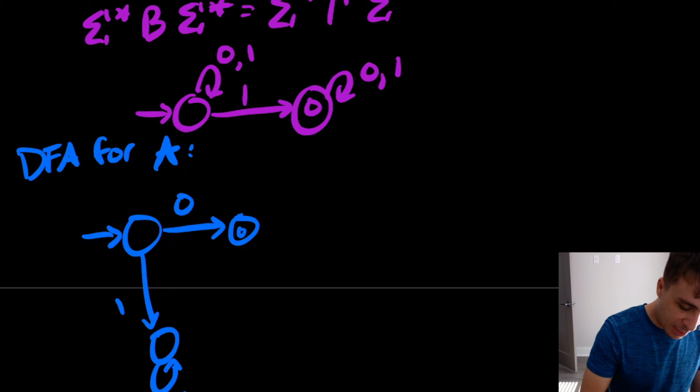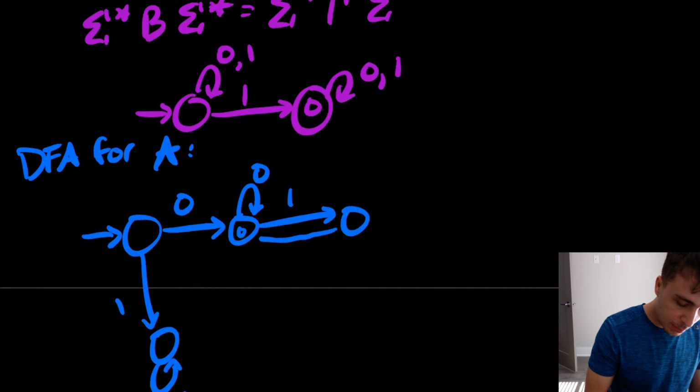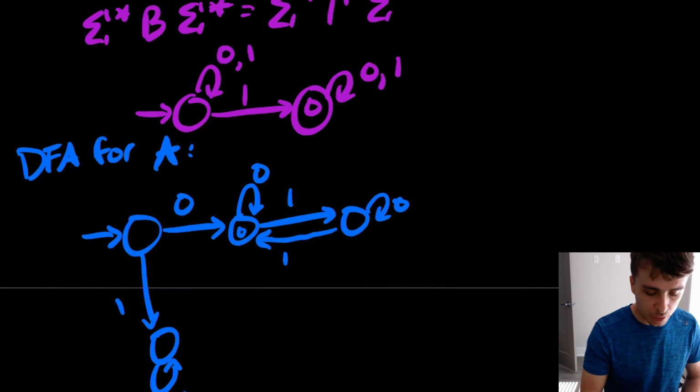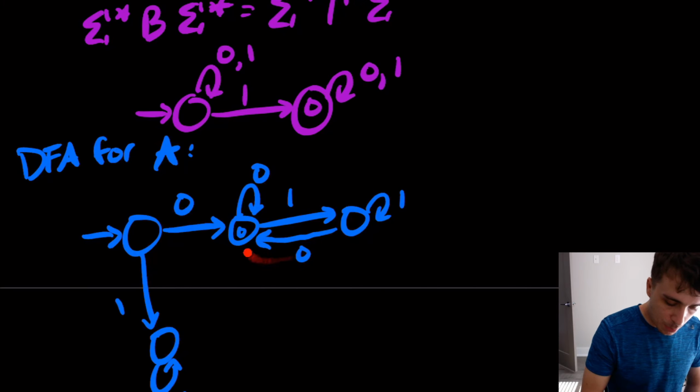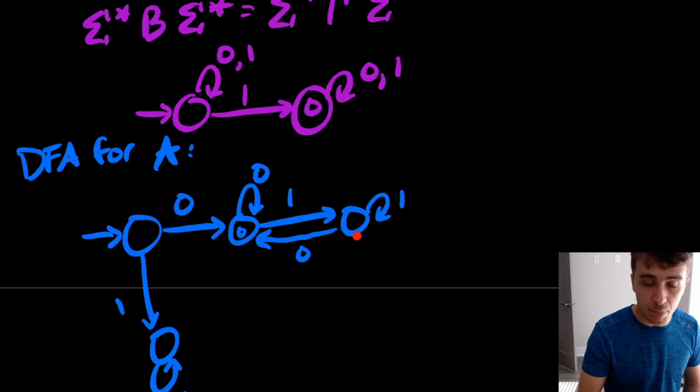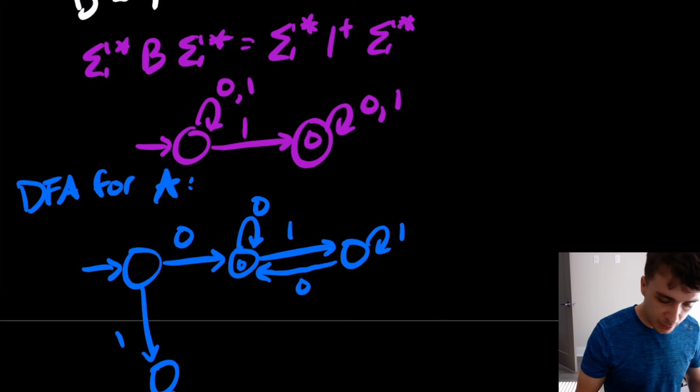If I have more 0s, I should be here. If I have 1s, then I should go over to here and then back on 0. Oops, I have this backwards: this should be 1, this should be 0. So among these two, if you read a 0, you end up here, and if you read a 1, you end up here. And that's the best I can do for that.